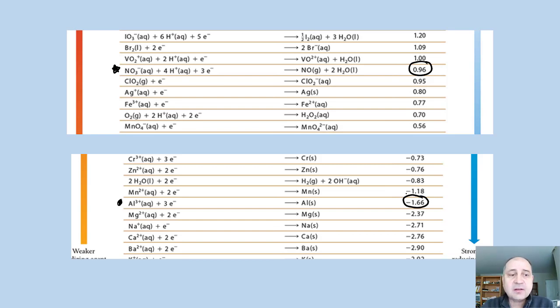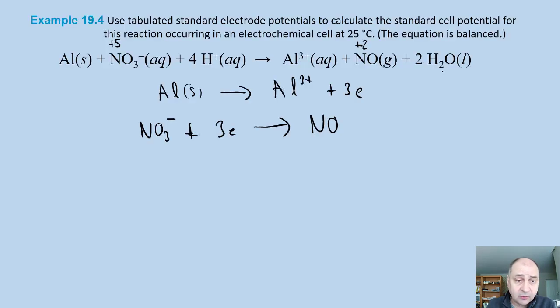So it's the nitrate that's going to oxidize the aluminum, which means that the aluminum is going to be the anode and the flow is going to be to the nitrate. So we're going to reverse the way it's written. It's already correct, right? So this will be a spontaneous reaction. This is already written in the reverse as the anode, and this is the cathode.